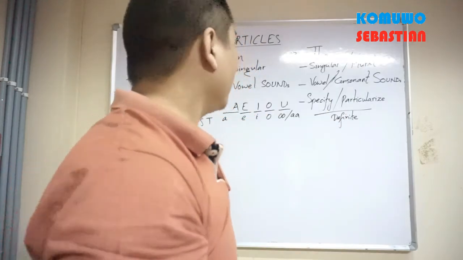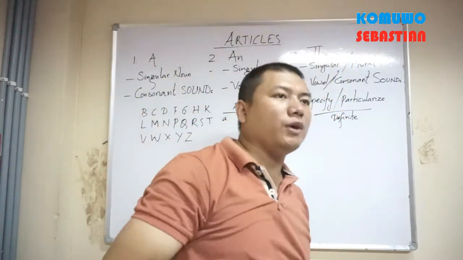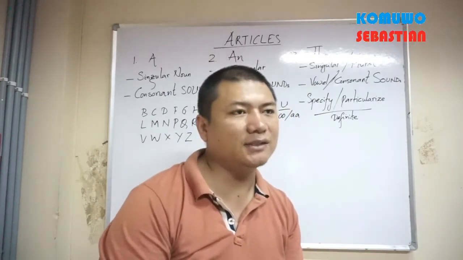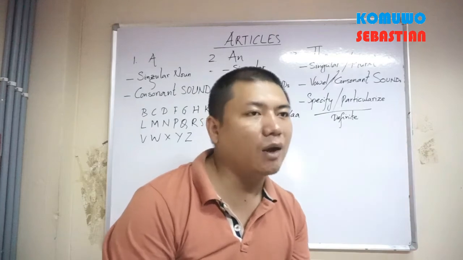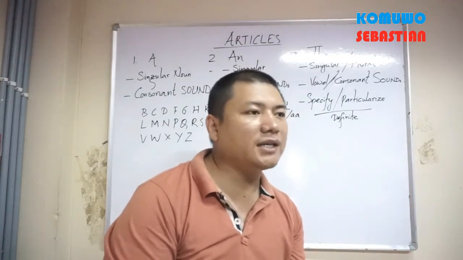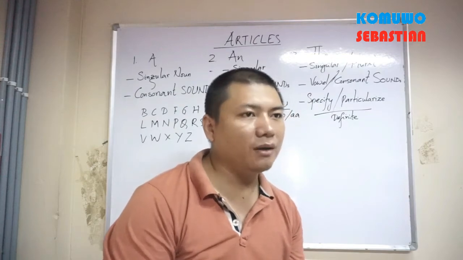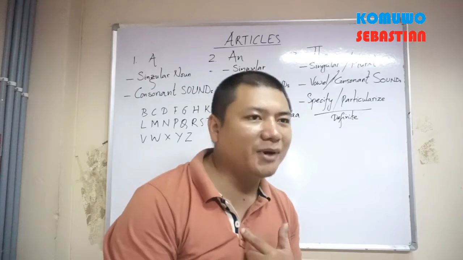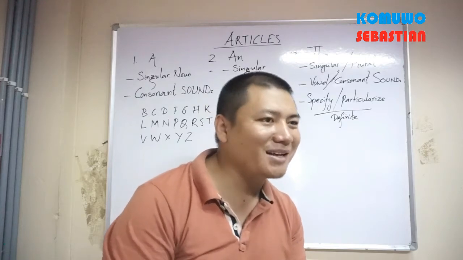But one point we should know is where we should not use these articles: where the noun is uncountable, or where it is a proper noun. For example, Sebastian is a name. So we should not use a Sebastian or the Sebastian.